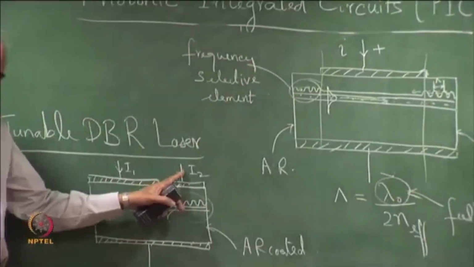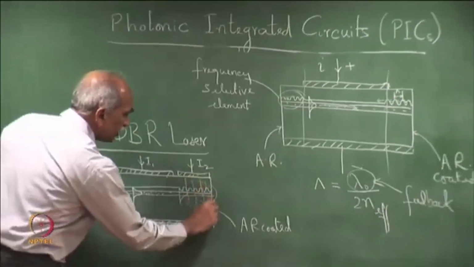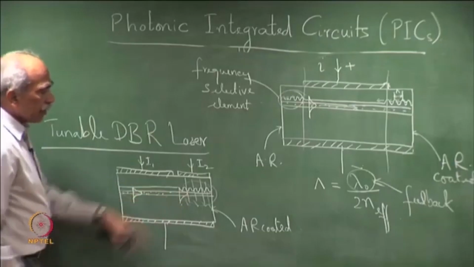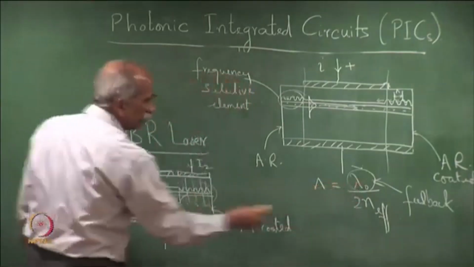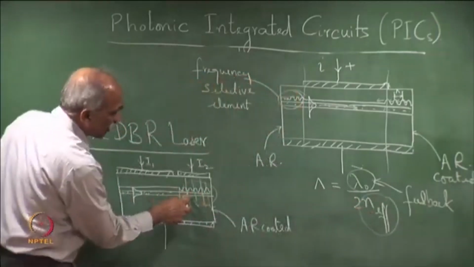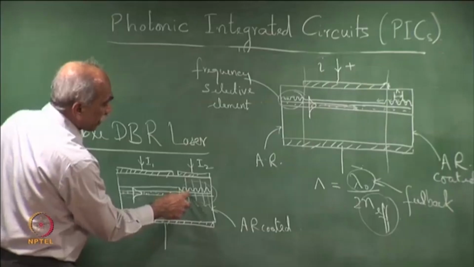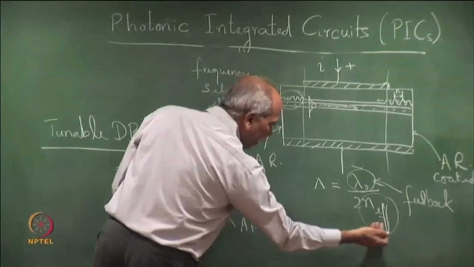However, in this case, because current also flows through this region, the choice of frequency which oscillates will depend on the N effective, which depends on the refractive index of the mode, the refractive index of the region here. Therefore, N effective can be affected.